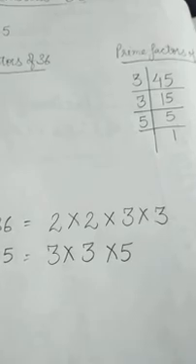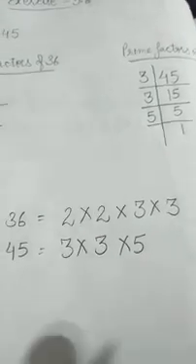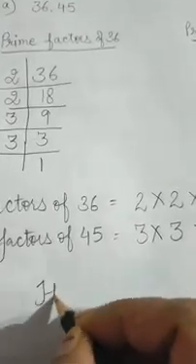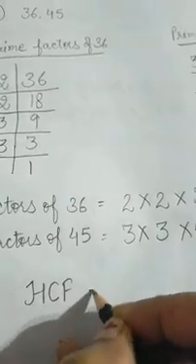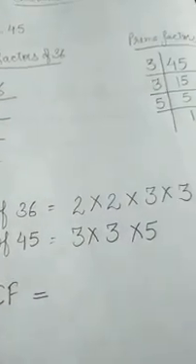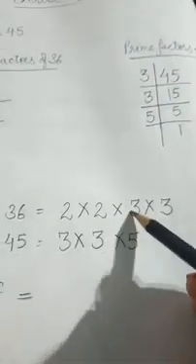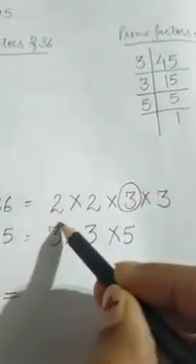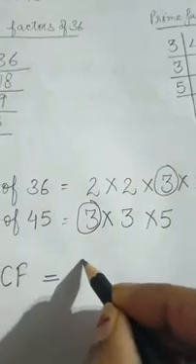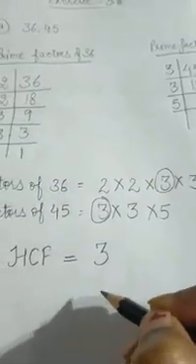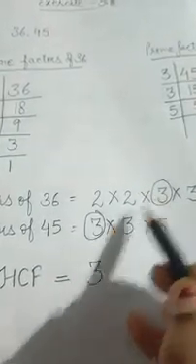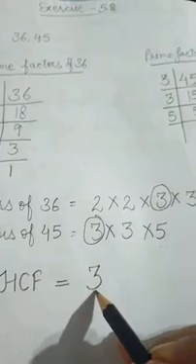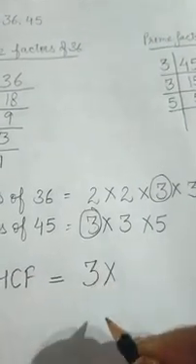See how we will find out the HCF. Firstly we will take common factors from here. Common here is 3 and here is also 3. We will take one 3 as common, which is present in both. After that, a multiplication symbol will be there.